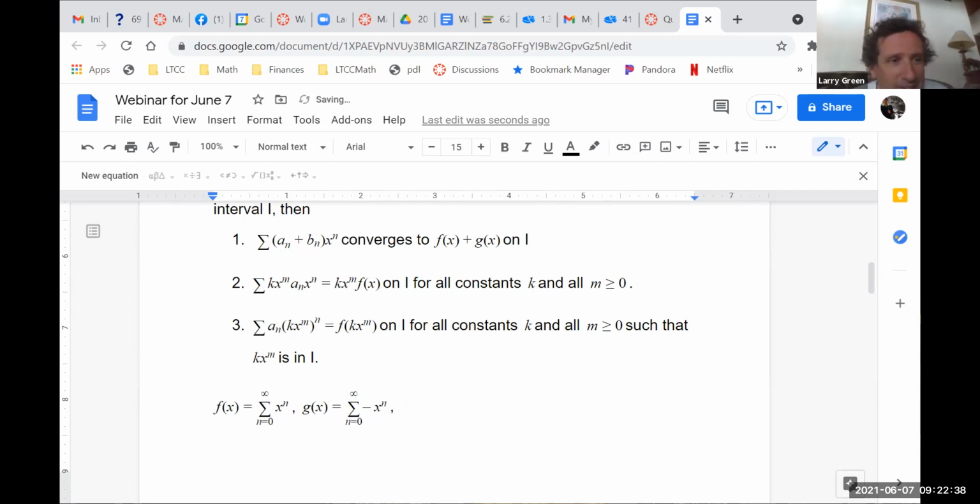What about the summation, let me just do it this way, of x to the n plus negative x to the n. What's the interval of convergence of that?